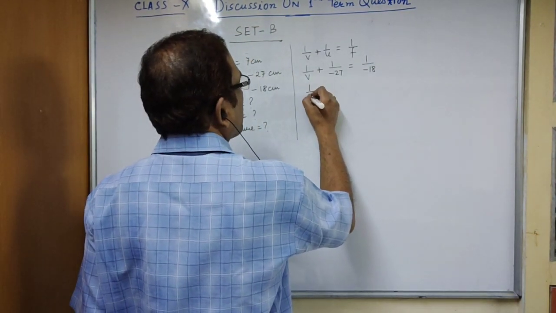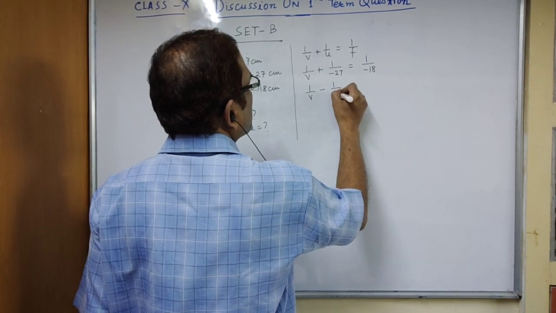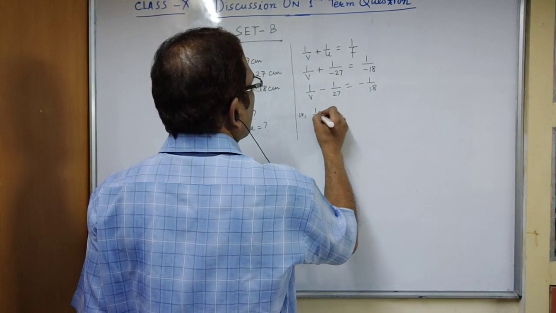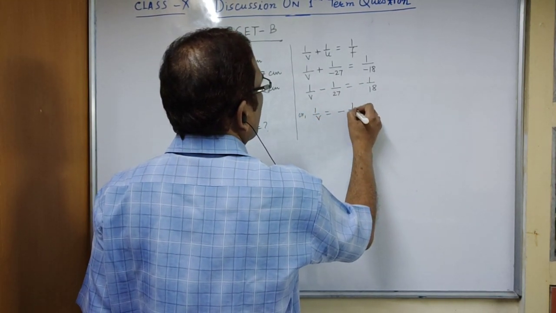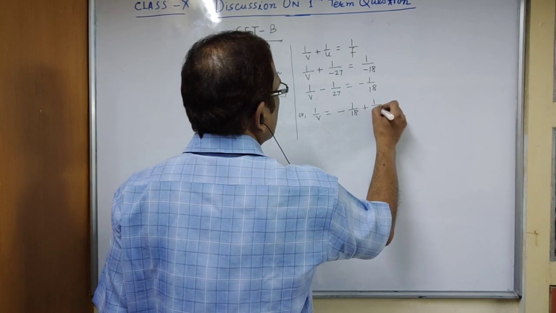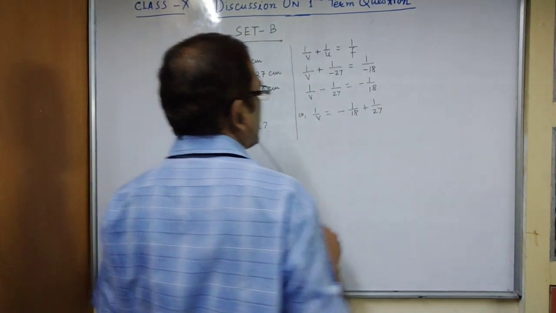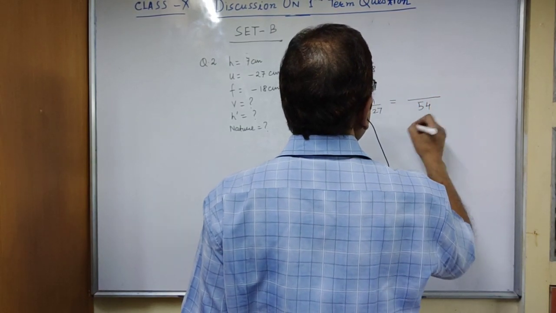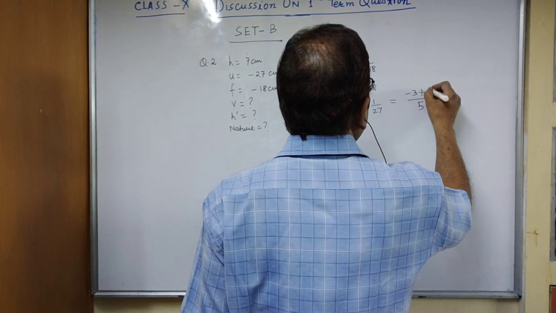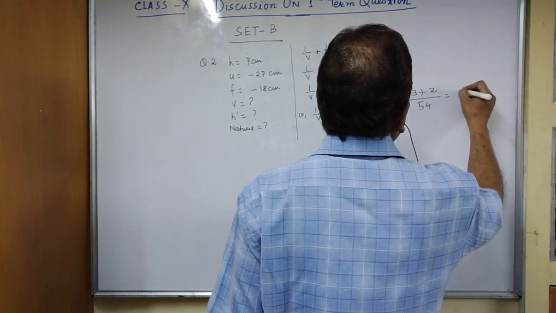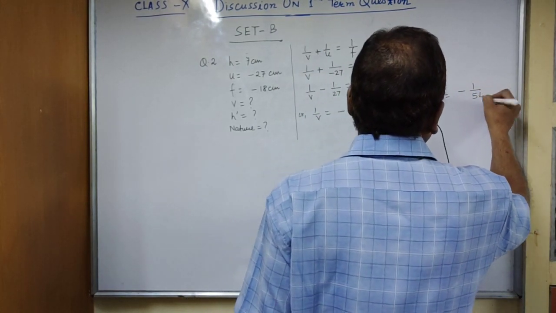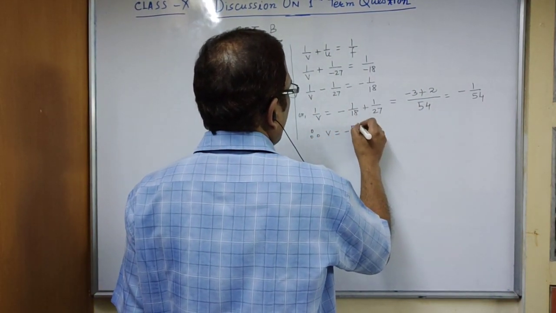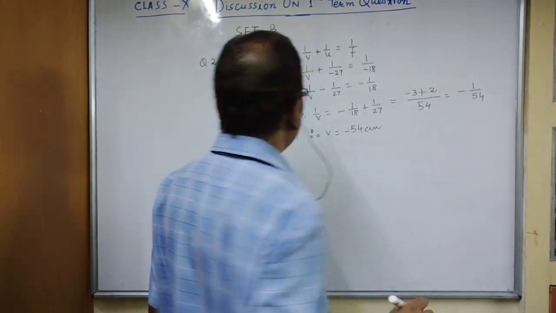So it can be written as 1 by v minus 1 by 27 is equal to minus 1 by 18, or we can write 1 by v is equal to minus 1 by 18 plus 1 by 27. So take the LCM. So it will be 54, I think. It will be minus 3 plus 2. So you will get minus 1 by 54. Therefore, v is minus 54 centimeter.